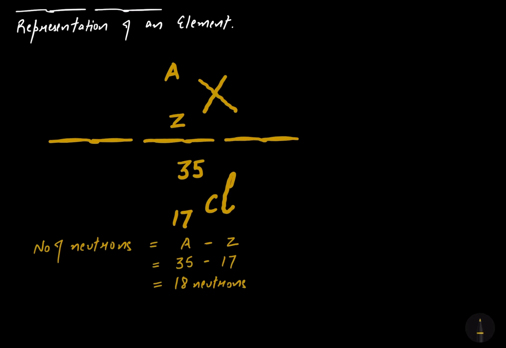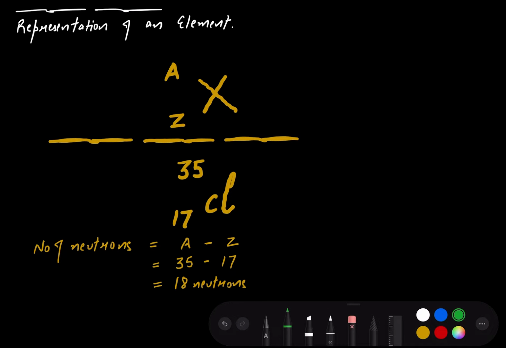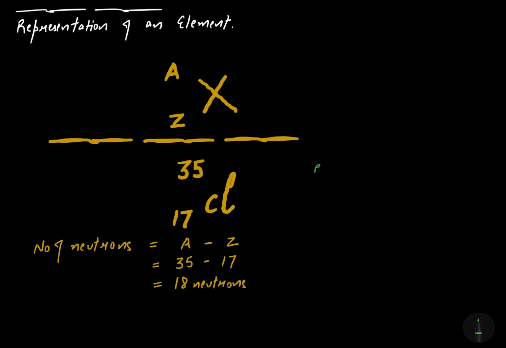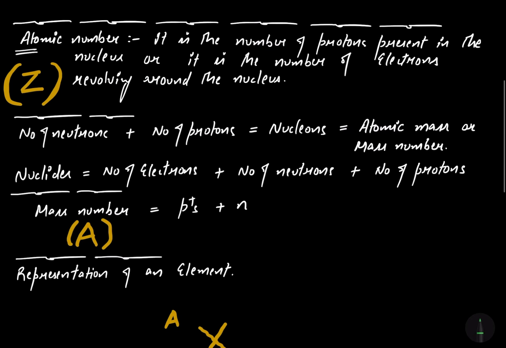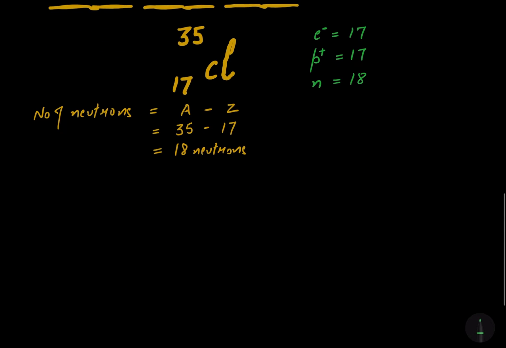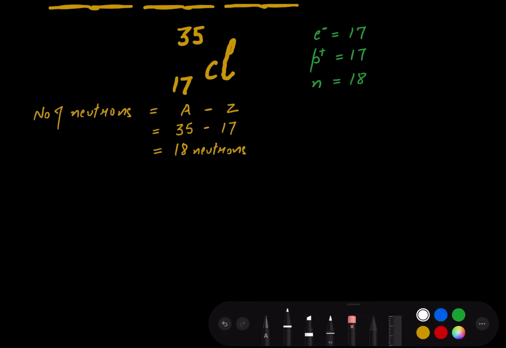That means in chlorine we have the number of electrons to be 17, the number of protons to be again 17, and the number of neutrons comes out to be 18. I have told you about the atomic number and the mass number. Now let's talk about electron, proton and neutron.